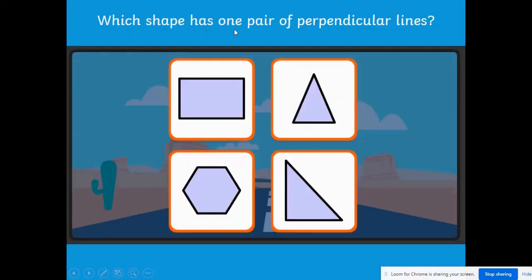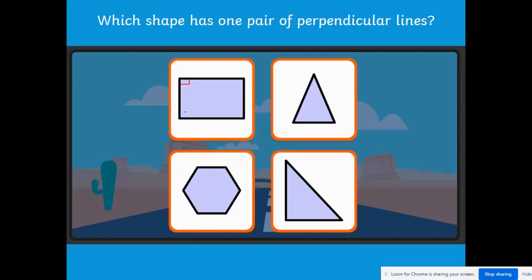Which shape has one pair of perpendicular lines? Now remember, perpendicular lines means they meet at right angles. So let's find out. Okay, now this shape, let's count the number of perpendicular lines. What was the trick? We can just count the number of right angles that are there in this shape. So let's count.